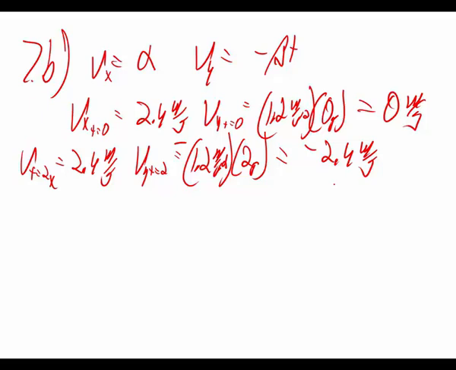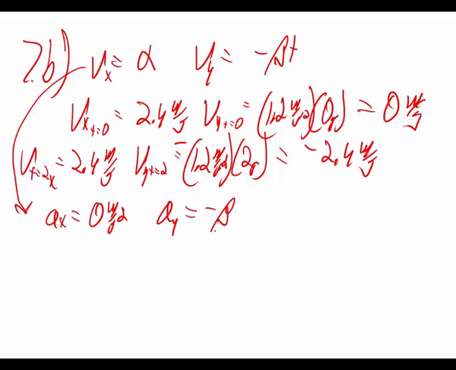what is the acceleration going to be at these times? All right, y'all, take the derivative of those equations. What do you come to? 0 meters per second squared, don't you? Acceleration in the Y is what? Negative beta? Right?